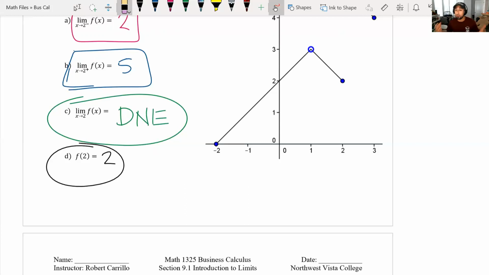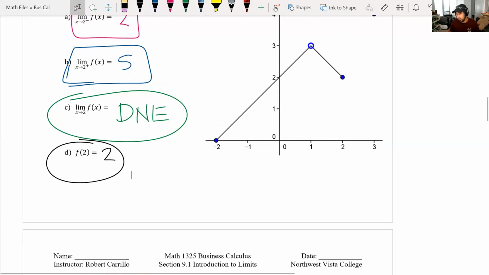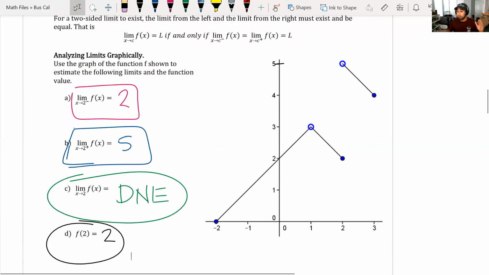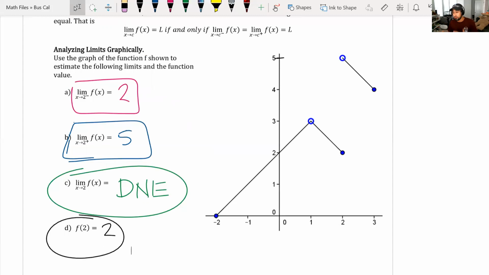And maybe we can have the unique situation of a limit existing and a point being defined. That can happen too. But if that happens, then the problem's way too easy, and we don't want that. All right, moving on. That's how you analyze a graph by the use of limits, okay?